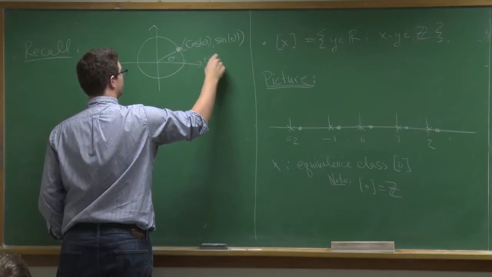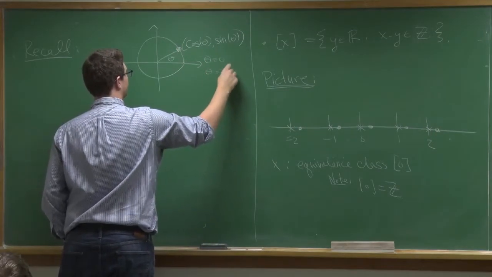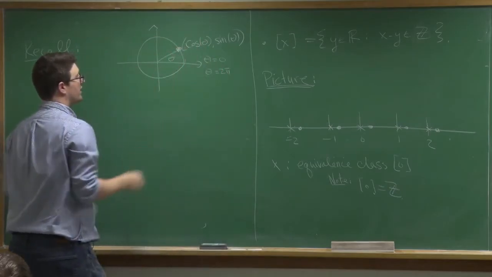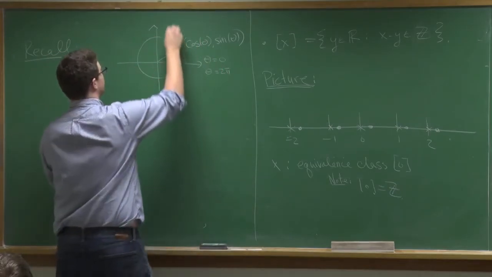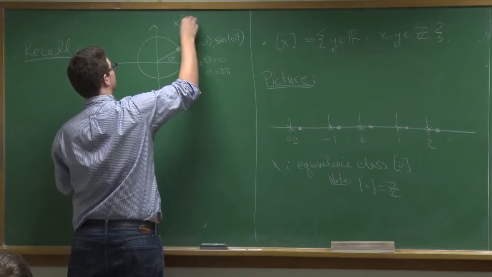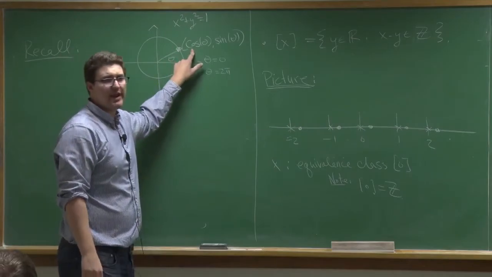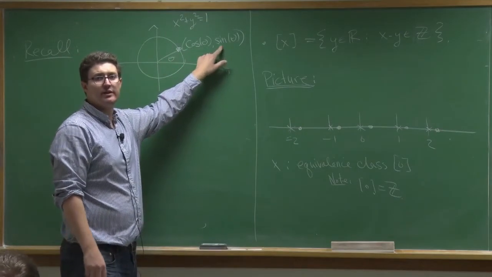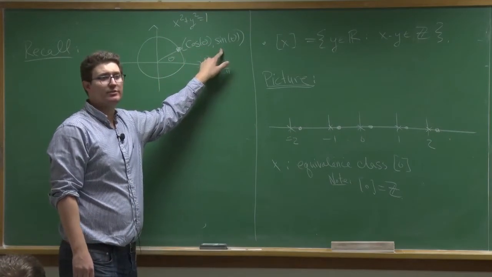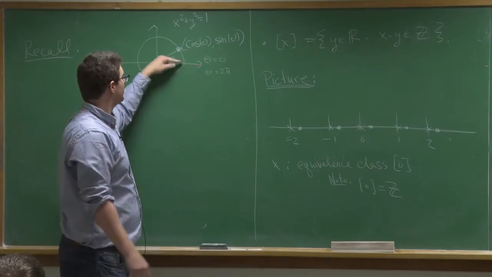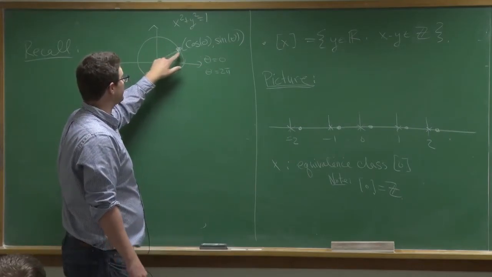Theta equal to 0 is up here, theta equal to 2 pi is down here, so it wraps around. These are the coordinates, so x squared plus y squared is equal to 1. This is the x value, and this is the y value. So cosine squared plus sine squared is equal to 1. That's what this unit circle is saying.